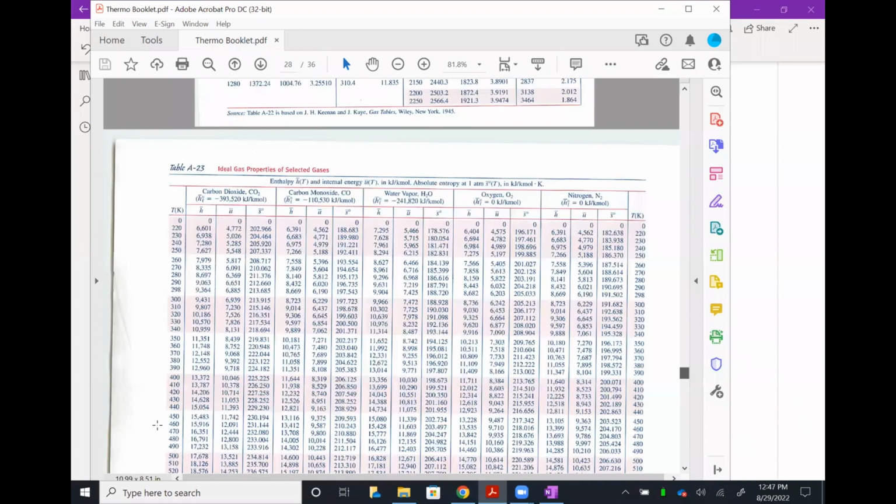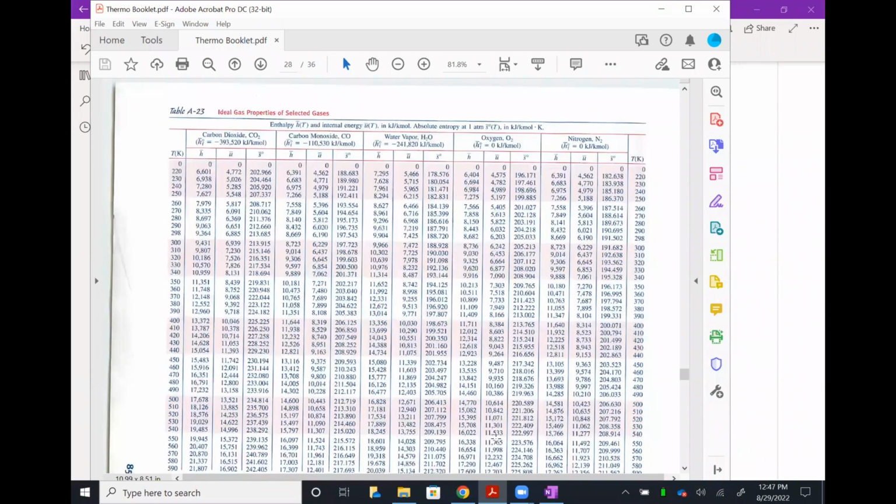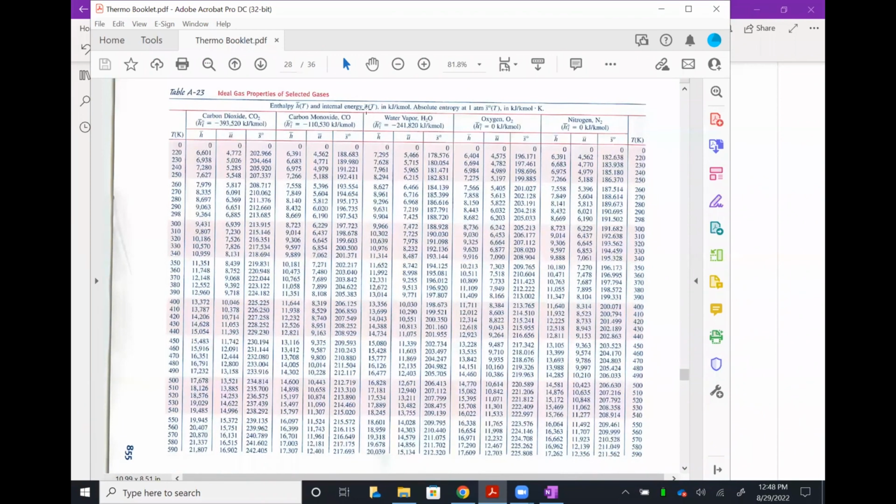We find that here, go across and find U bar for oxygen, and we find that it is 11,765. For U, the units are kilojoule per kilomole.